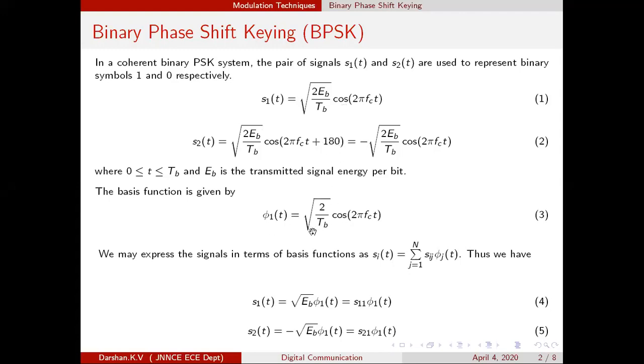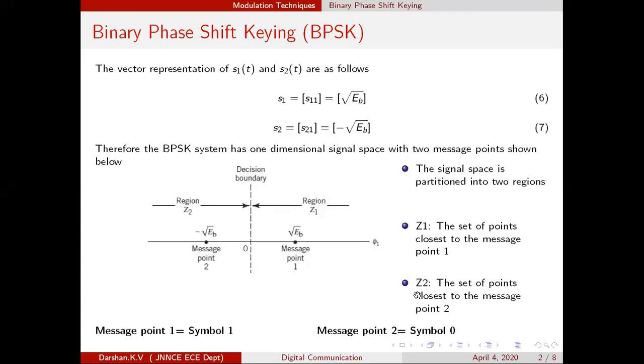And yesterday you have seen what the basis functions are, how to represent the signals in terms of basis functions, and also the vector representations and the signal space diagram. So in the exam, they may ask you the following question related to BPSK. The first question is: obtain the geometrical representation of BPSK.